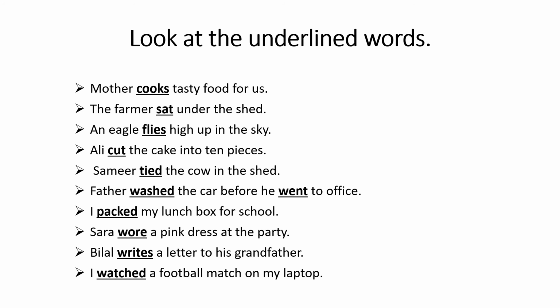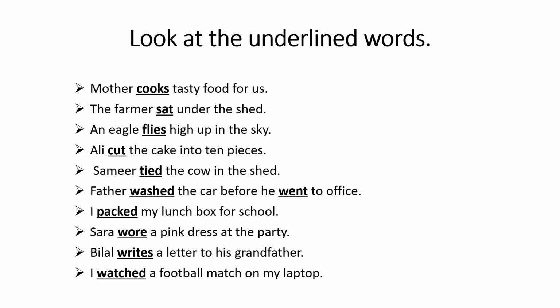Sarah wore a pink dress at the party. Now what did Sarah do? She wore a pink dress. So wearing a pink dress was the action she did there. So it is the verb over there. Okay, wore is the verb. Bilal writes a letter to his grandfather. What did Bilal do? Bilal writes.